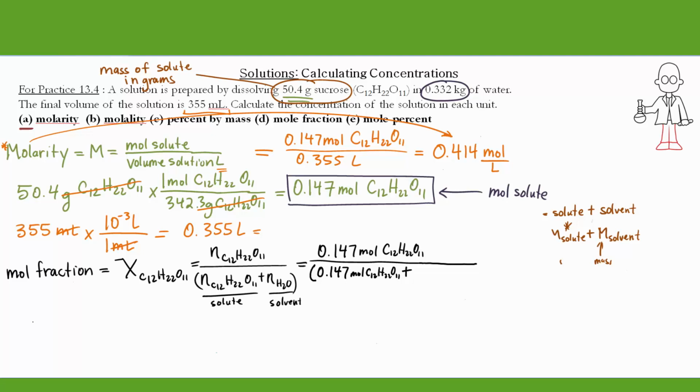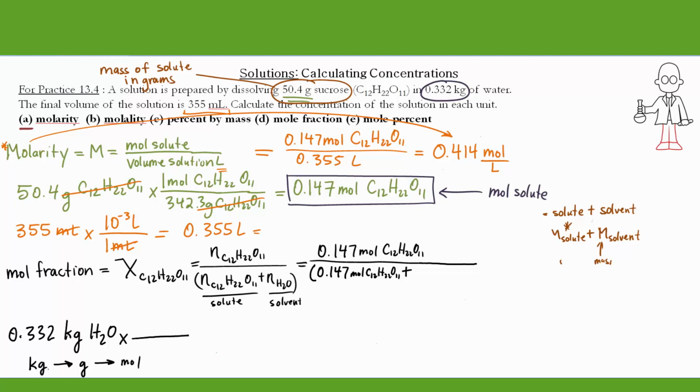So we have 0.332 kilograms of H2O. So we need to go from kilograms to grams, and from grams to moles.